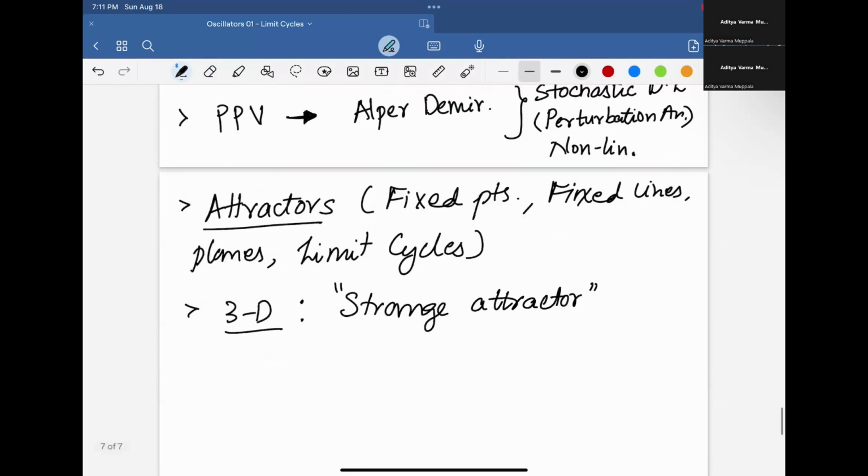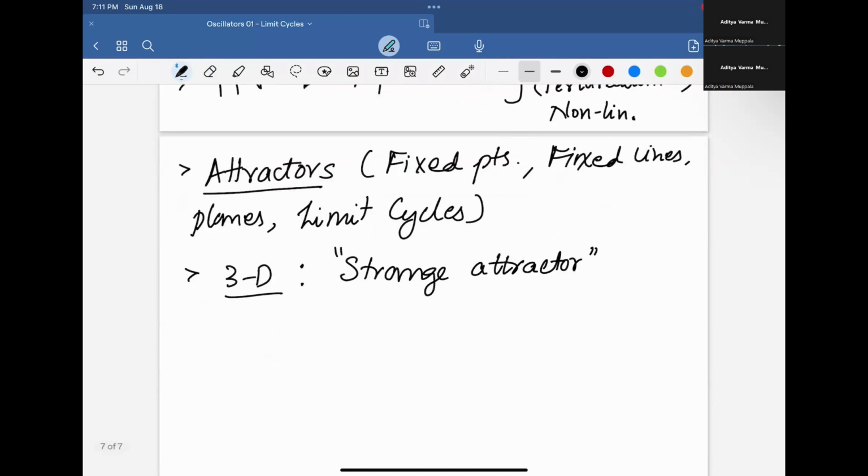I'm not going to go into the strange attractor too much, but essentially it's a kind of fractal in phase space, so the trajectory never closes in on itself. It forms a space-filling curve of some kind, and this is related to chaos. You can show that when you have 3D nonlinear differential equations, you get chaotic behavior.